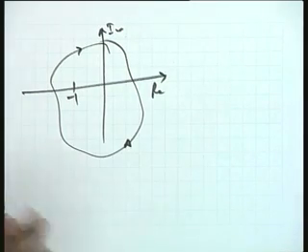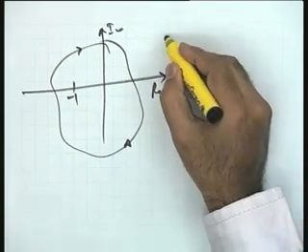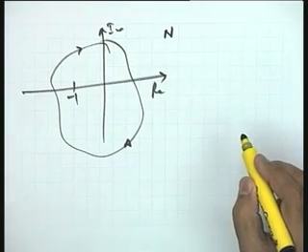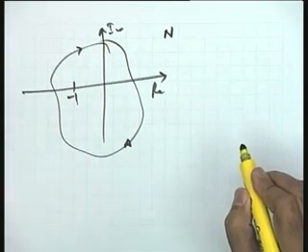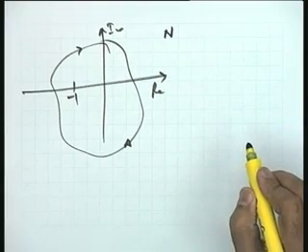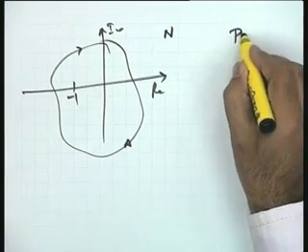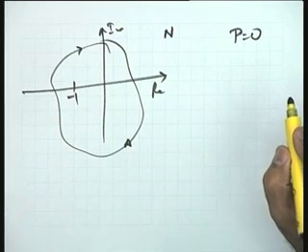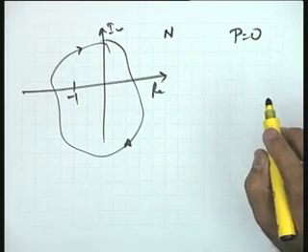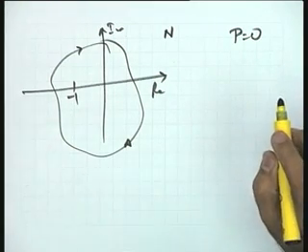So, you see, you cannot comment on the stability just by determining n, because you require the information on p as well. And I recall the statement I gave last time that normally p is equal to 0. Normally, in most situations, p is equal to 0, meaning thereby we are handling open loop stable systems.